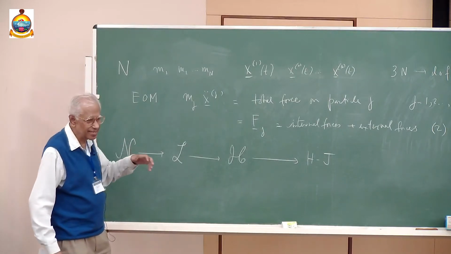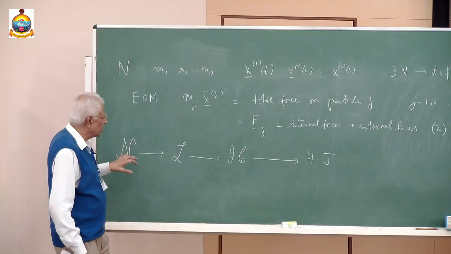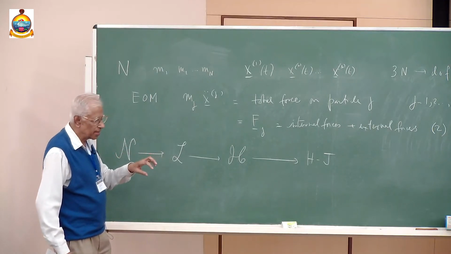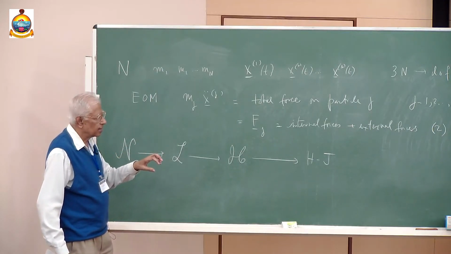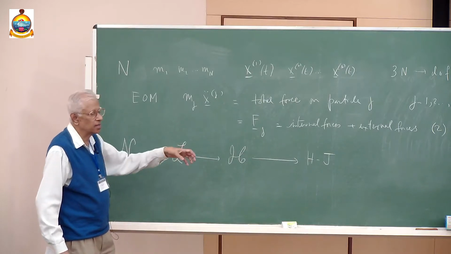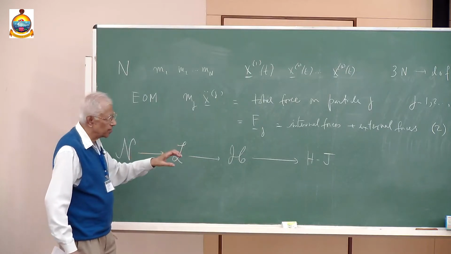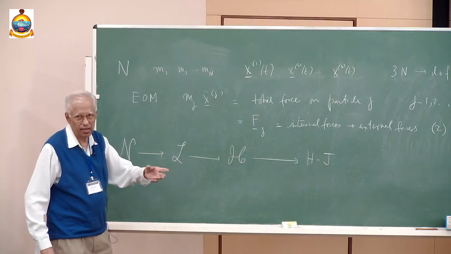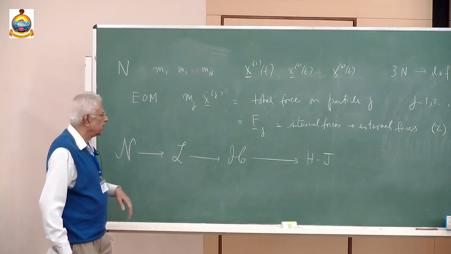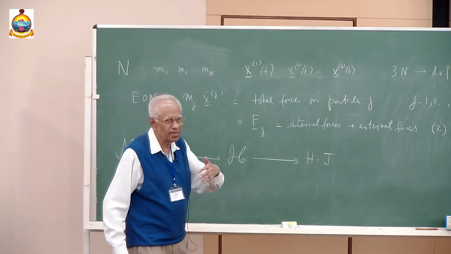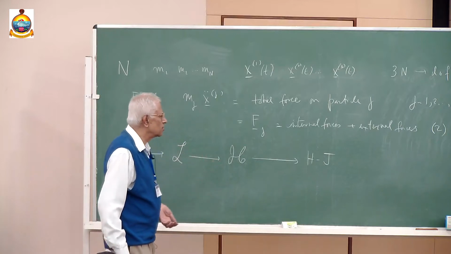I want to keep stressing this because you must know what part of the subject has its origins in facts about nature, and what parts of it have to do with how we describe it. Okay, this is very important. In the case of electricity and magnetism, it is much more familiar to you.